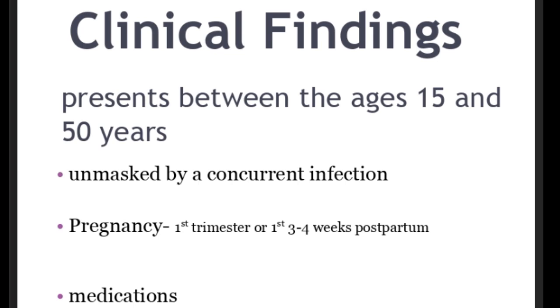Exacerbations may also occur in pregnancy before menses. Pregnancy may affect the course of myasthenia gravis in an unpredictable way. Worsening of symptoms most frequently occurs in the first trimester or in the first 3 to 4 weeks postpartum. The symptoms may be worsened by medications that may exacerbate myasthenia gravis, which should therefore be avoided in such patients.